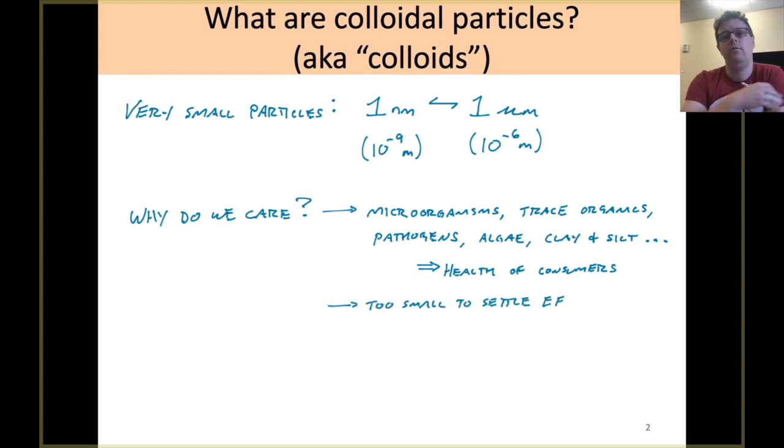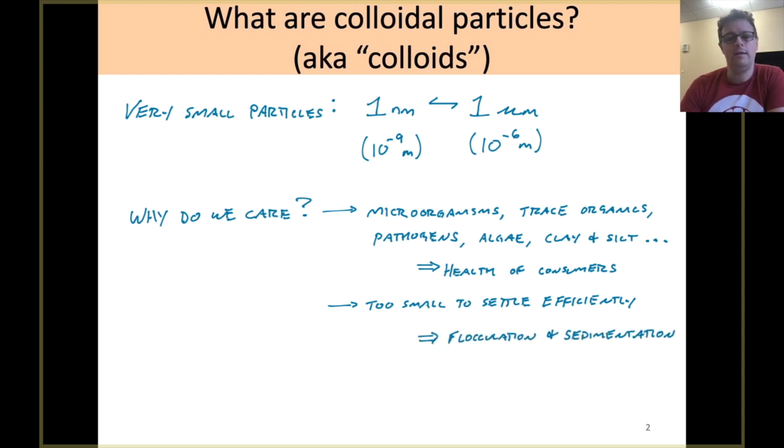And so we have an added step in our treatment process because we want to get rid of these, and given enough time they might settle out. But they don't settle efficiently. We would need extremely large reactors or basins for these very small particles, with their extremely small settling velocities, to get out of our water column.